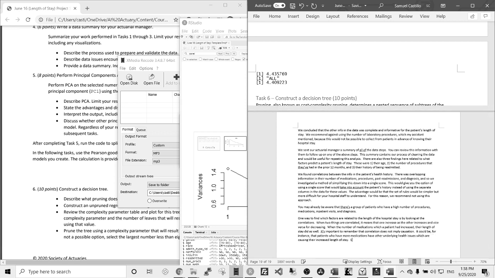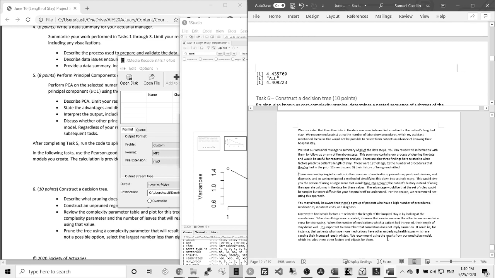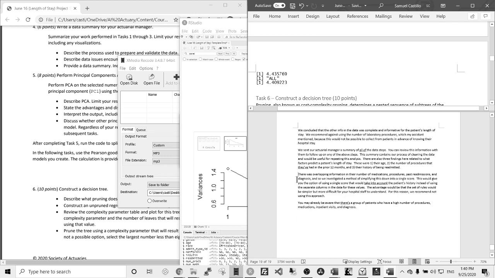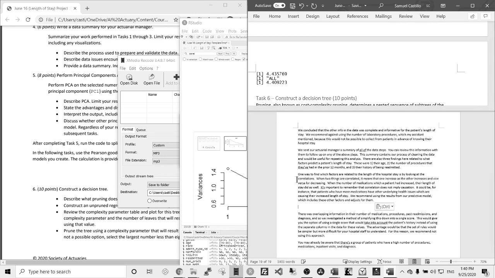So we recommend using the results from our predictive model, which includes these other factors and adjusts for them. And this is a standalone sentence, so perhaps I would link this sentence up to this sentence above. So we found correlations between the info in the patient's health history and their length of stay. I'm going to delete this and then move this paragraph up. So I'll sort of introduce correlation analysis.